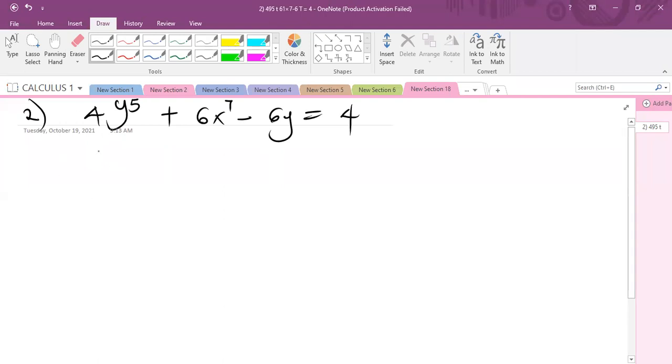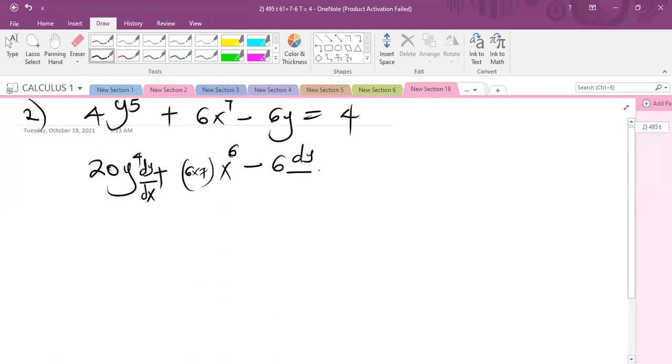Differentiating 4y^5 will give 20y^4 dy/dx. Differentiating 6x^7 will give 6 times 7, x^6. Differentiating 6y will give minus 6 dy/dx.